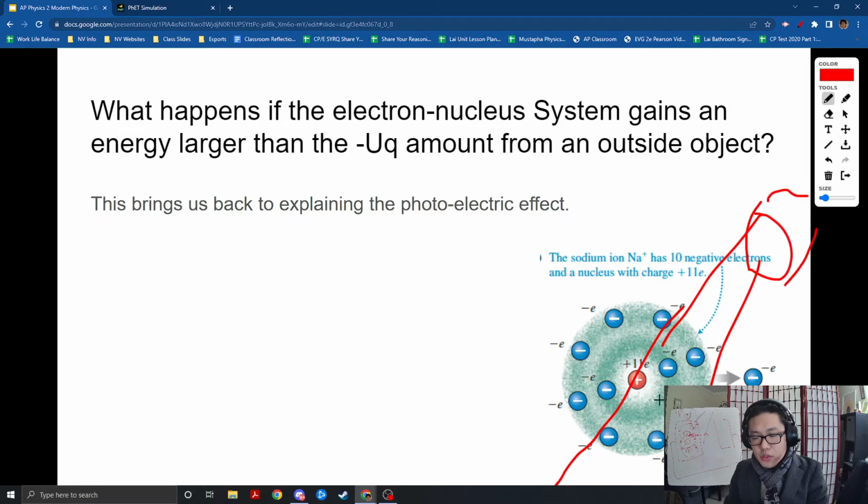When it's shining energy, if it's able to provide these electrons enough energy, some of these electrons would be able to escape. All right, so we just need more energy from the light than the negative electric potential energy of UQ in order for electrons to escape with some kinetic energy.